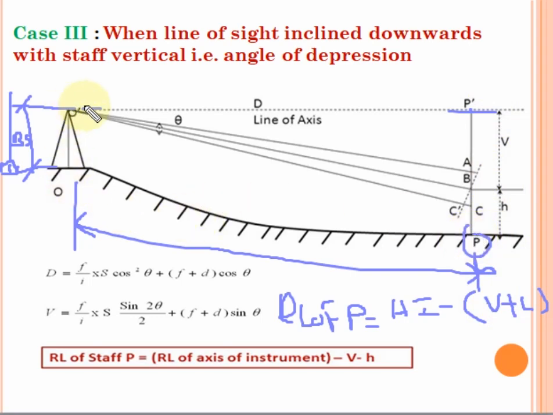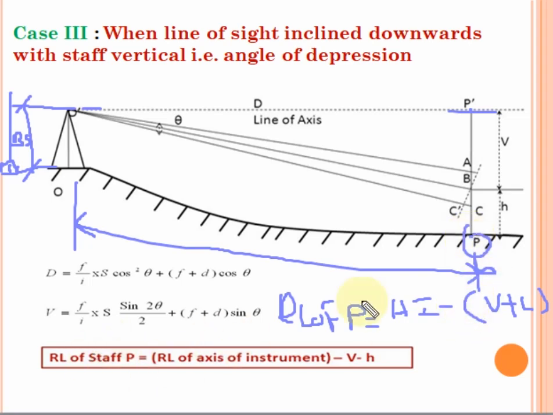So the height of the instrument at this point minus V minus H; if I take the minus sign common, that is V plus H. So you have to reach this point. This is the case when the line of sight is downward with the staff vertical, the angle of depression. The line of sight is inclined and the staff is vertical. This is the case. Okay.